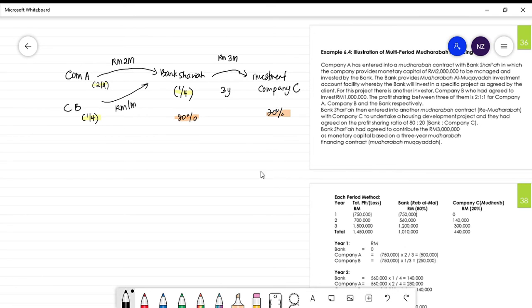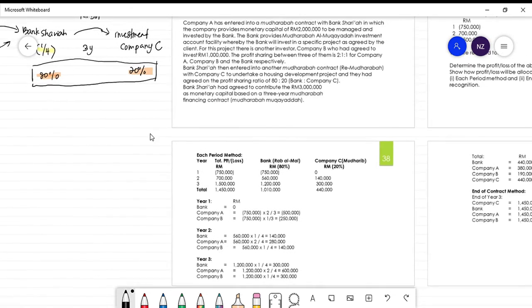Tapi kita dalam ni lah, dalam example ni dia kira profit for the second mudharabah dahulu kat sini. Okay. Which the second mudharabah dia hanya involve bank syariah and investment company C. Okay. Now dia pun buat table.